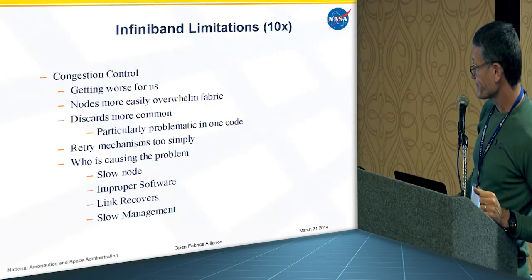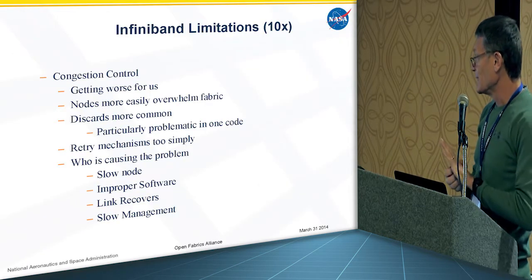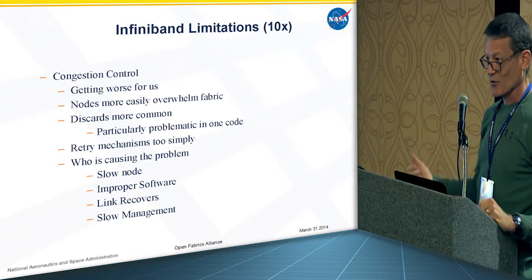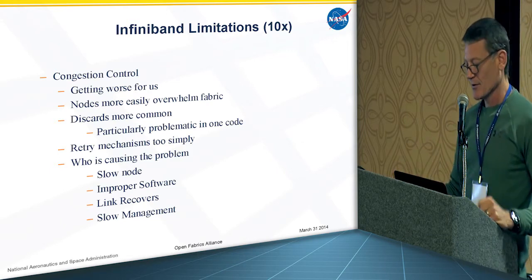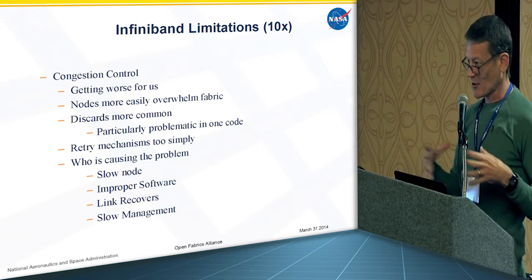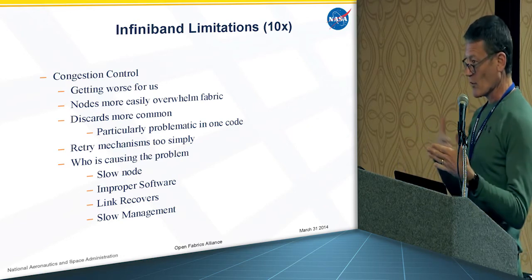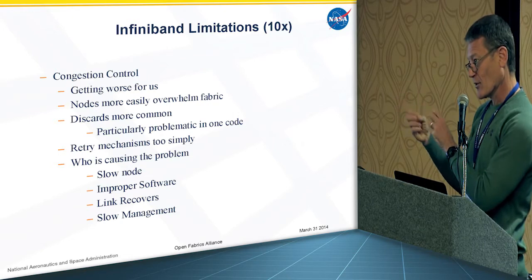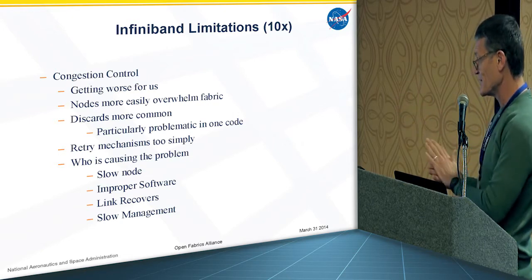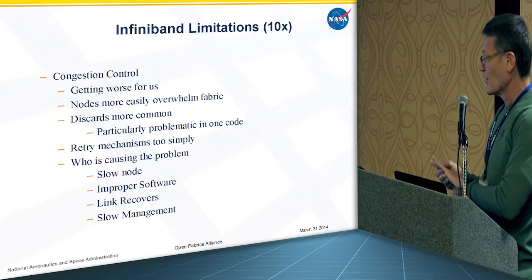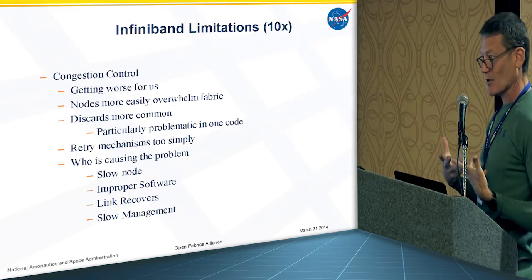So anyway, back to limitations. Well, congestion control. So I think congestion overall is getting worse for us because the nodes are getting much more powerful relative to where we were, and sort of the growth of network and the desire to increase the density of the machines. So the nodes more easily overwhelm the fabric, and so discards become more common.